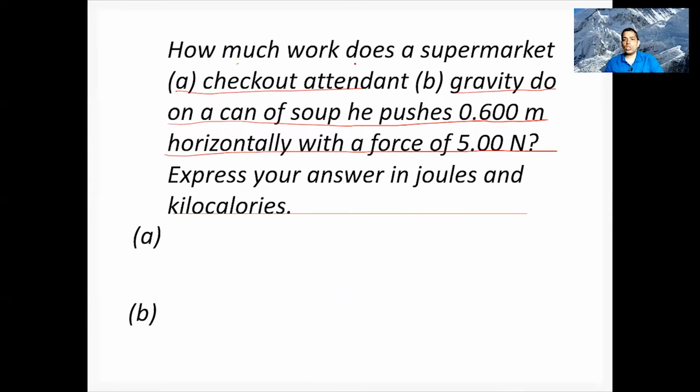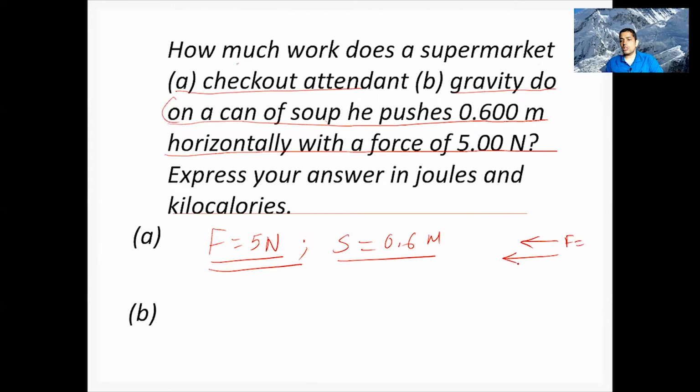First of all, let's find the work done by a supermarket checkout attendant on a can of soup when he pushes it 0.6 meter horizontally with a force of 5 Newton. What is the displacement? Displacement is 0.6 meter. What is the angle between these two? He pushes 0.6 meter horizontally, so the force is this way and displacement is this way.